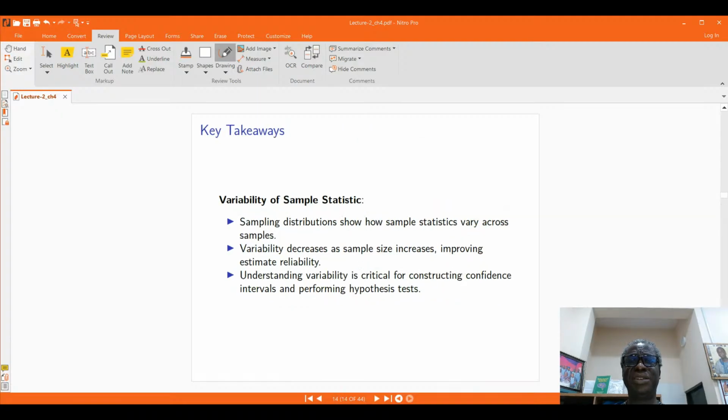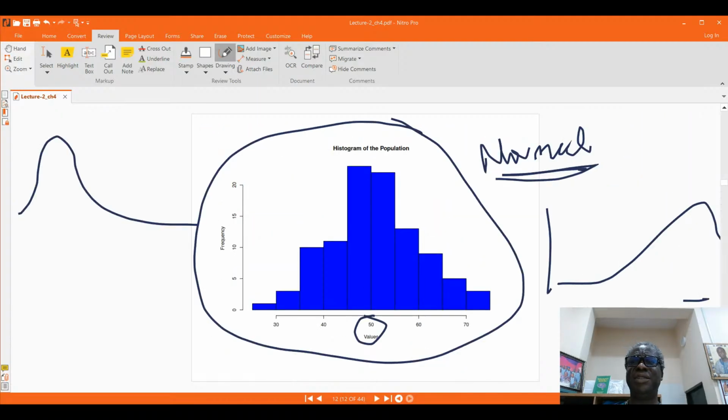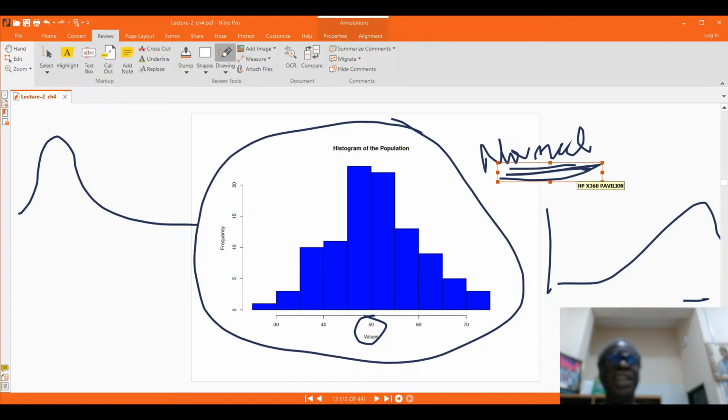Earlier, I mentioned that this is the population distribution, that is the parent population. The parent population, as you can see, has a normal shape. That's a bell shape and it's symmetrical.